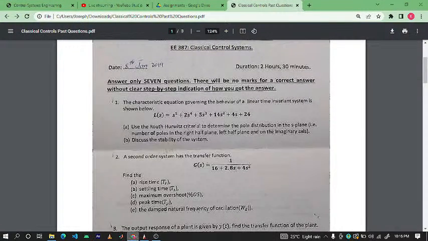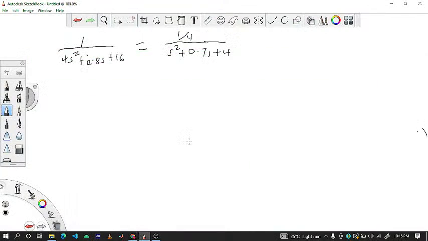All right, maximum overshoot. We have our percentage overshoot. Percentage overshoot is how much the first peak exceeds the final value. You're finding your peak value from your response, and the percentage by which it exceeds the final value itself. That's your percentage overshoot.